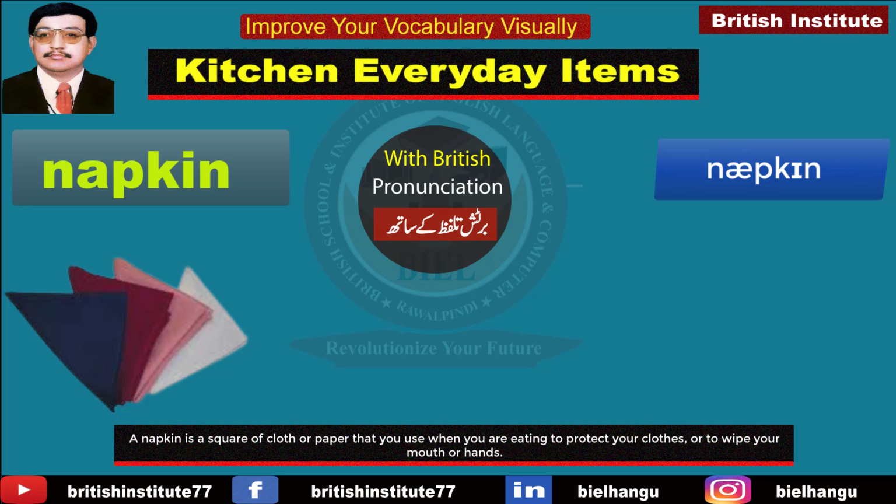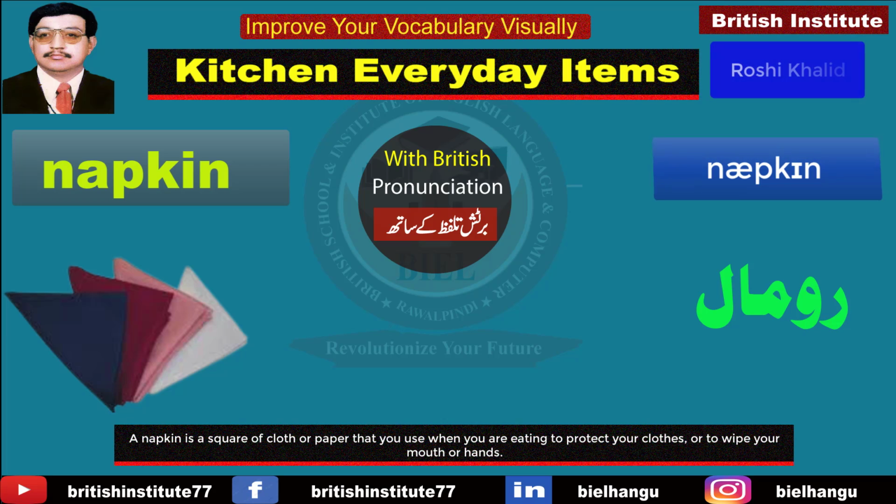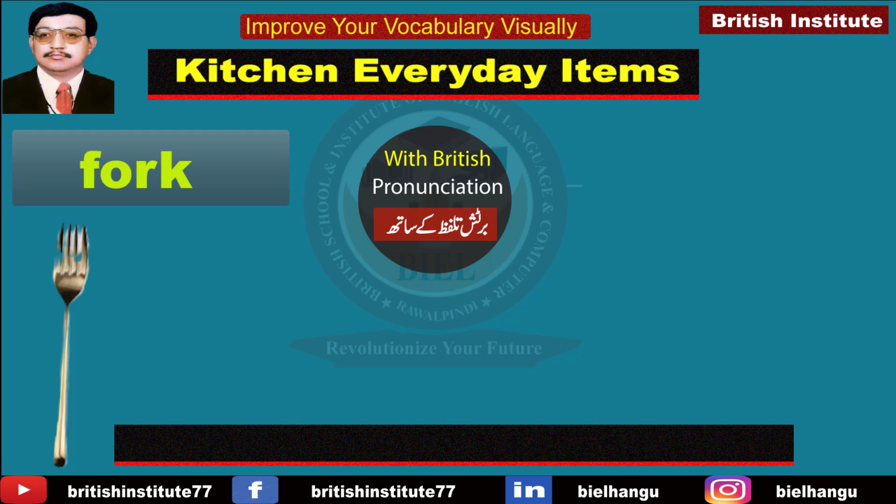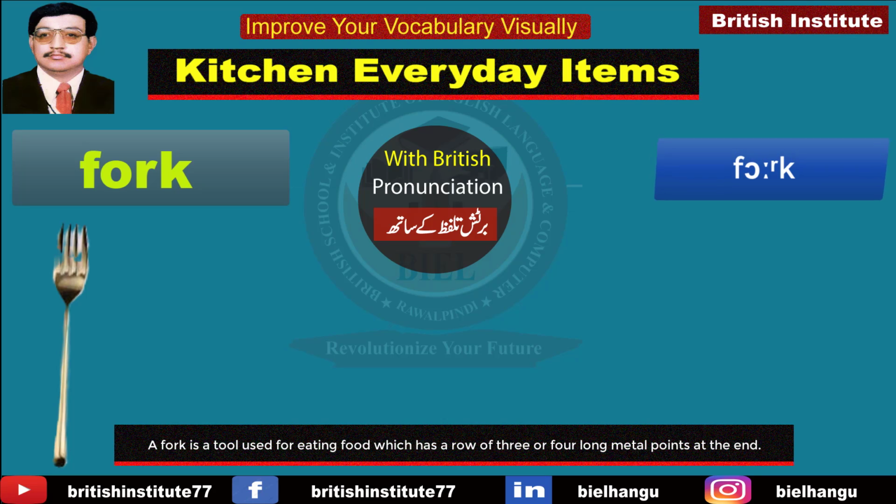A napkin is a square of cloth or paper that you use when you are eating to protect your clothes, or to wipe your mouth or hands. Fork. A fork is a tool used for eating food which has a row of 3 or 4 long metal points at the end.